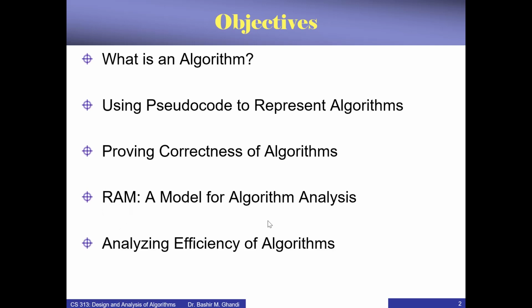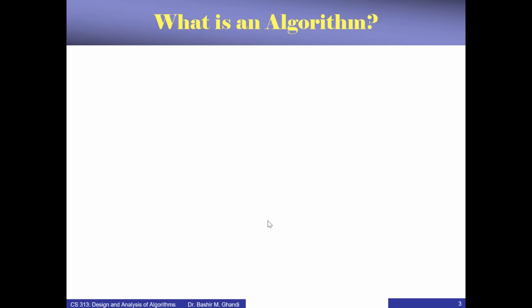Then we will start by looking at how to actually analyze simple algorithms. What are the basic steps to follow in analyzing simple algorithms? One of the examples we will see is insertion sort. Alright, so that's the list of topics for this lecture. We start with the first one. What is an algorithm?